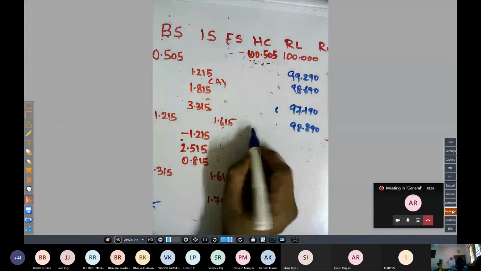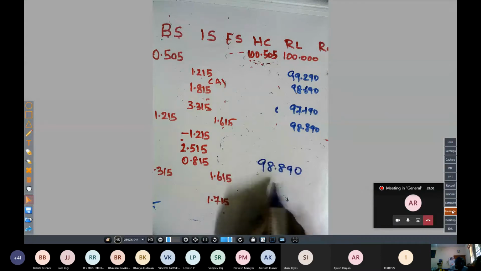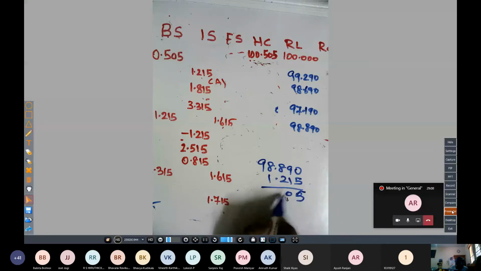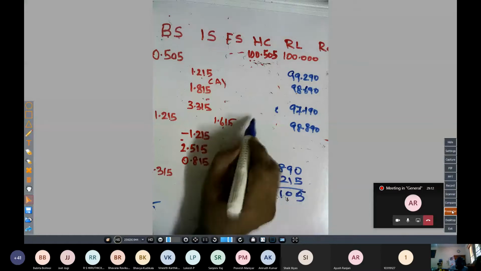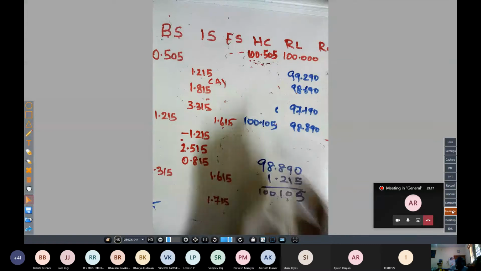So what is the new height of collimation? 98.890 plus 1.215. So it is 100.105.